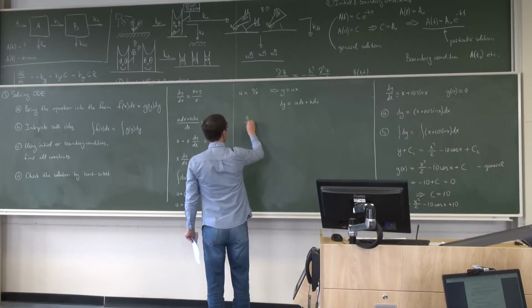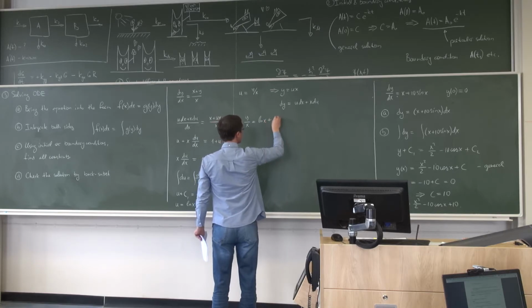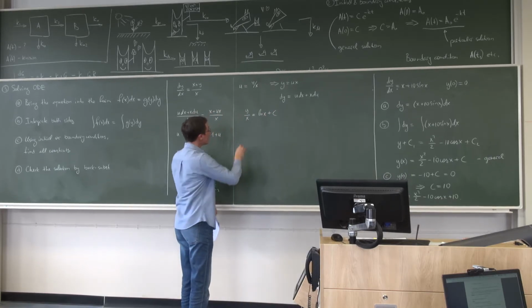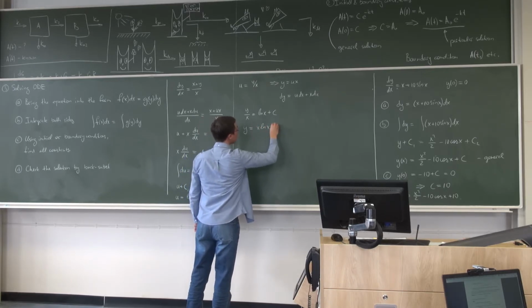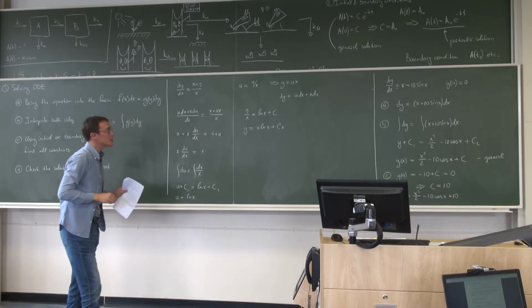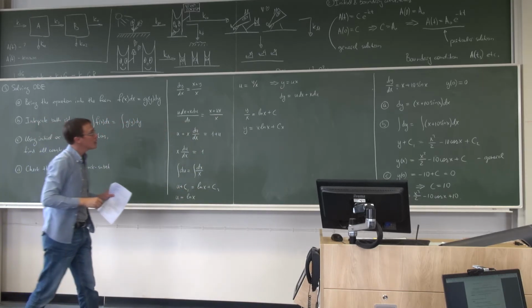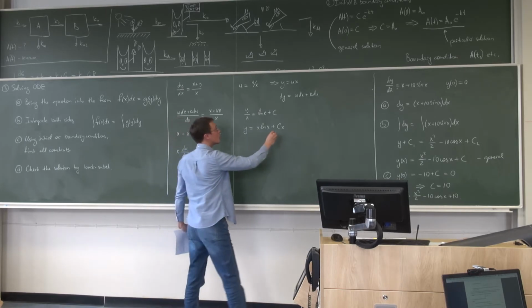So y over x is log x plus a constant. And therefore y is x log x plus cx. And you see the constant here is actually not a free constant, it comes multiplied by the variable. And this is our general solution.